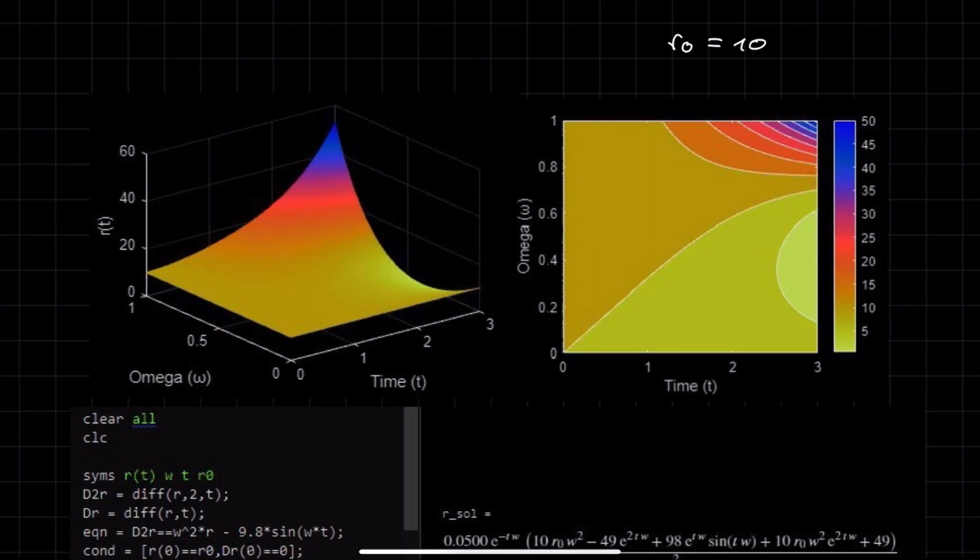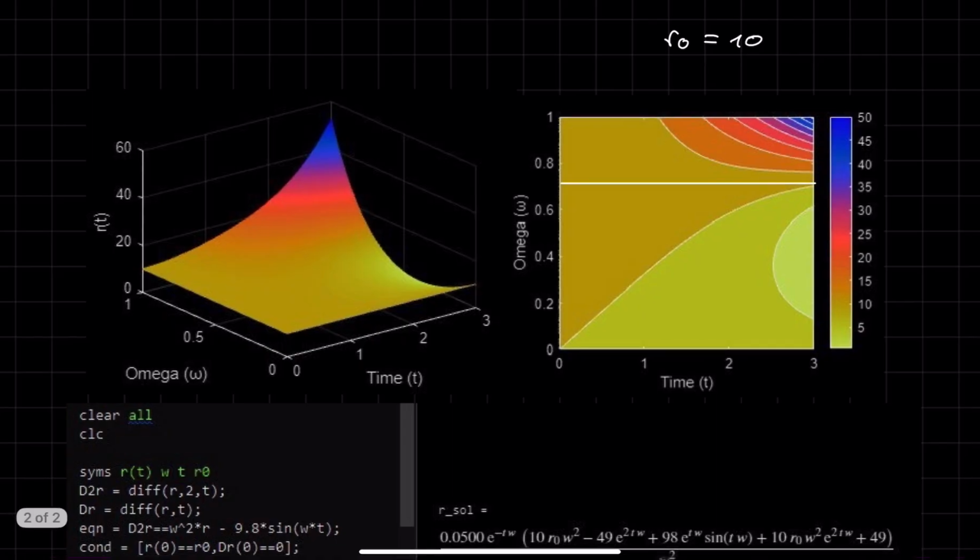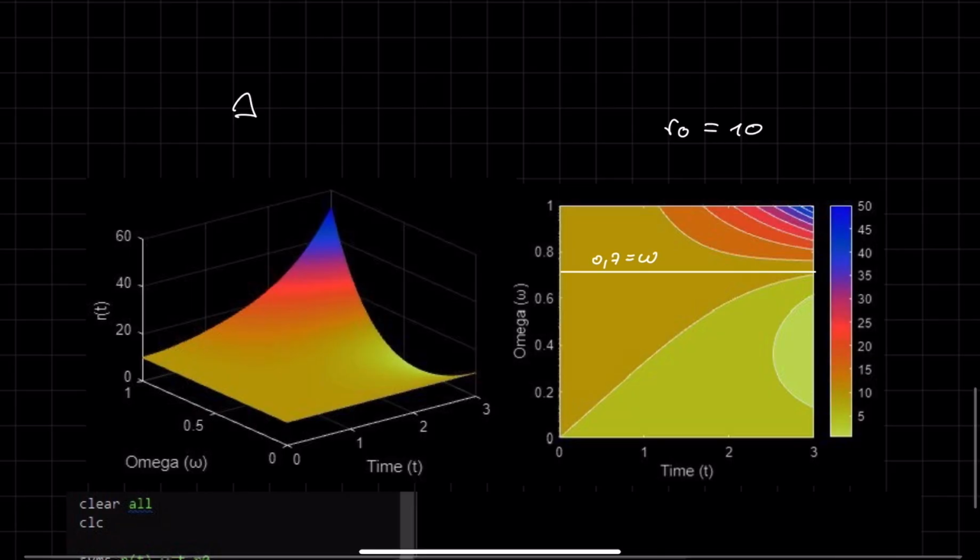So, as we can see, at this exact part, approximately 0.7, we can understand what is happening. It's like the bar moves, but the mass stays in the same position. Something strange, but that's what happened.